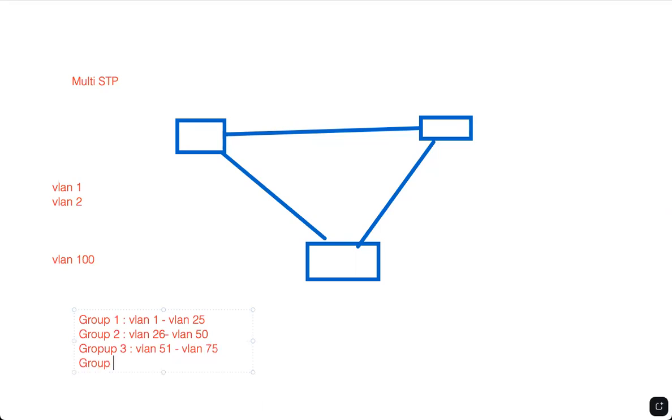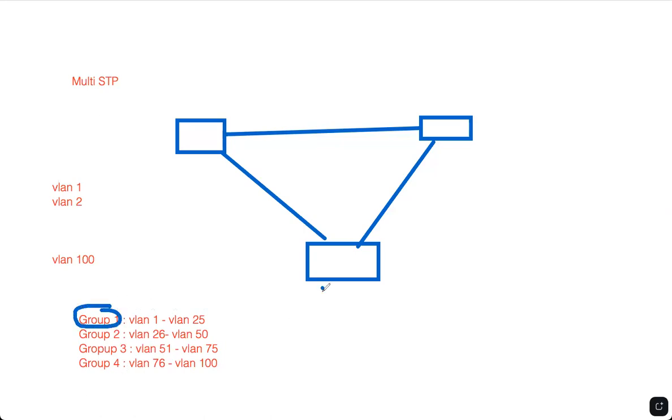Group 4, VLAN 76 to VLAN 100. So we are separating 100 VLANs into 4 groups. We will define the priority at the group level, not at the VLAN level.